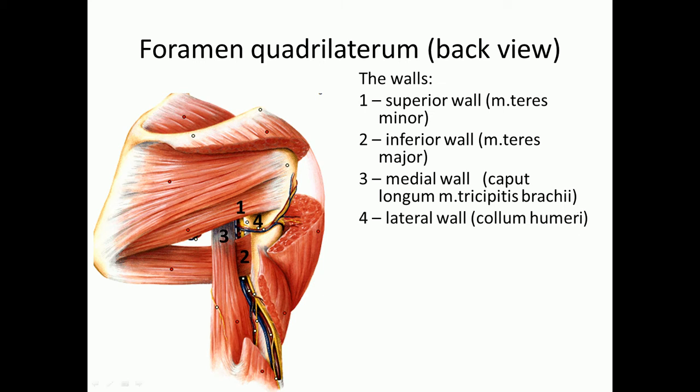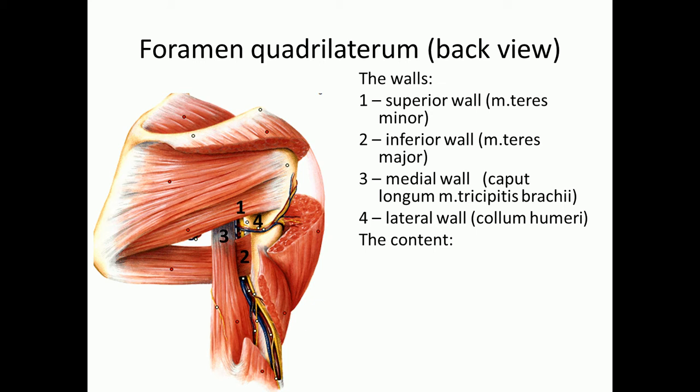We can find in this picture that musculus deltoideus was cut especially to demonstrate this part of the humeral bone, which is the chirurgical column, chirurgical neck. So we can say that column humeri is the lateral wall.